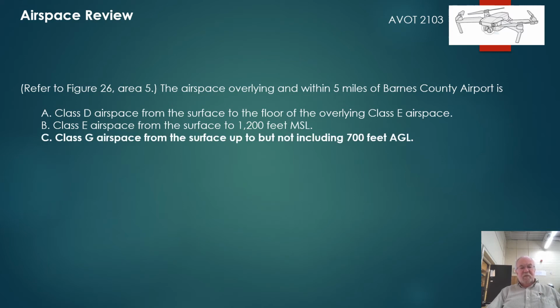Obviously, it's Class G airspace from the surface up to but not including 700 feet. That's where area 5 is. Magenta, right? Magenta area, magenta shaded area. Inside is 700 feet and above. And outside the shaded area is 1,200 feet and above is controlled airspace.